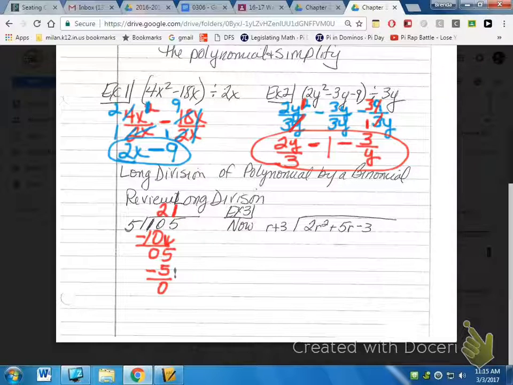What if you don't get a 0? Now, I'm not talking decimal division. Let's talk about way back when. What happens, Jared? Nope, we don't want to keep going. Nope, we're not doing decimals. You get to the end and it's not 0. Mia? You have remainders. Oh my gosh.